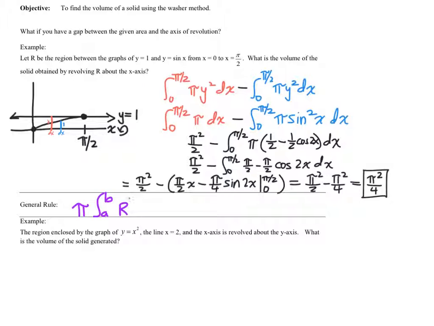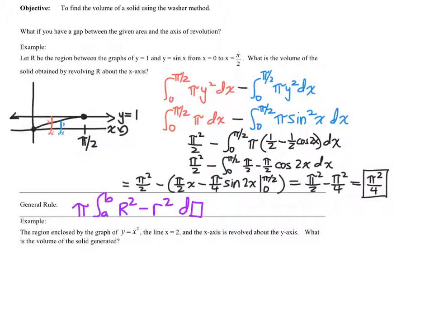So I'll do a capital R for the outer radius minus lowercase r for the inner radius, d something, right? I'll put a box there because it could be x or y, depending.